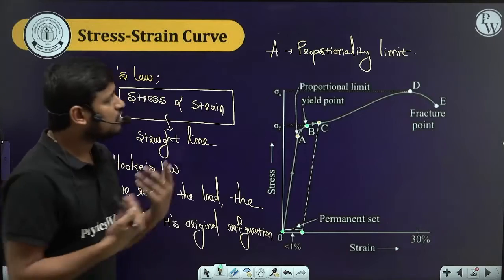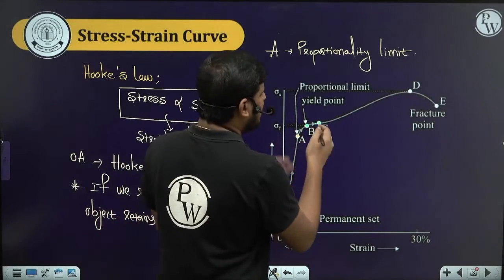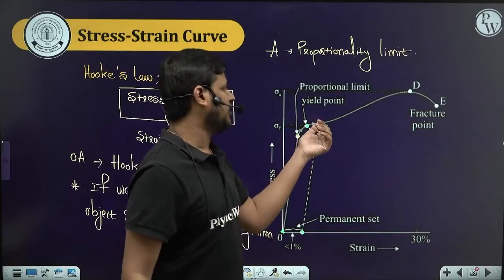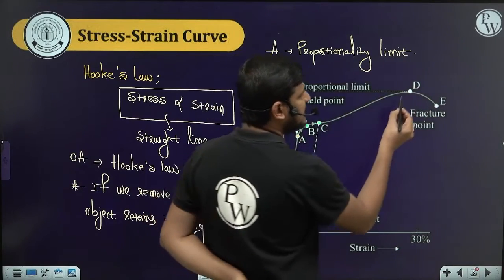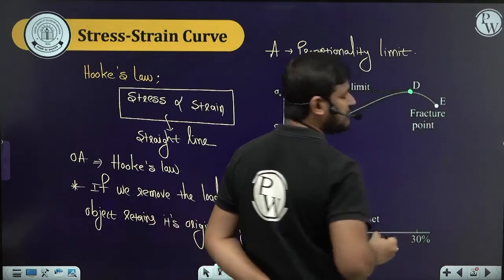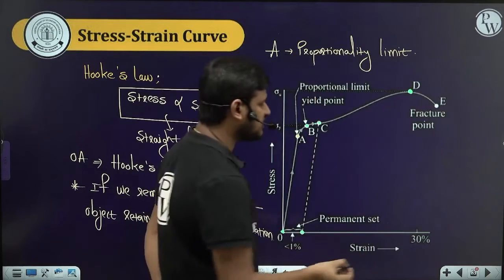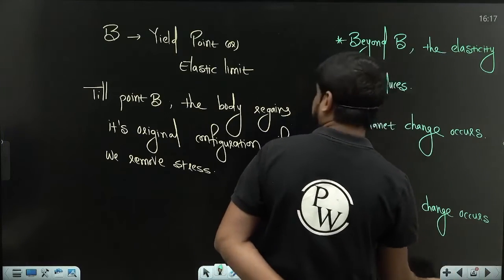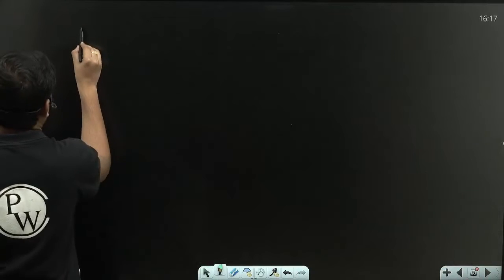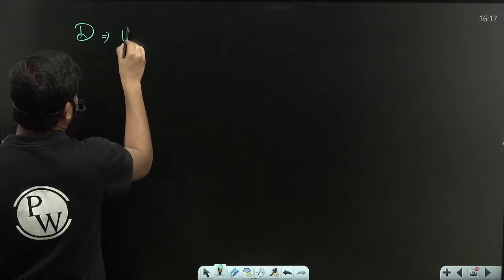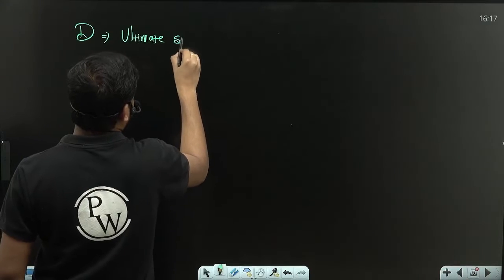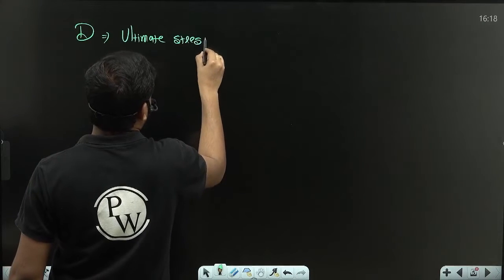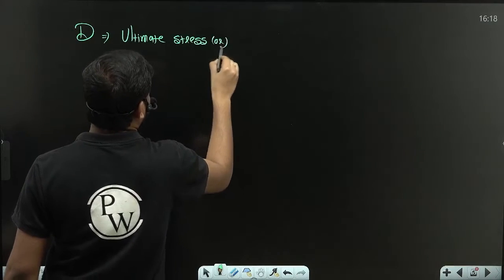Okay. So now you apply the load beyond C as well on the body. If you apply the load beyond C as well, this point D is the maximum tensile stress. That point D is the ultimate stress, which we also call the breaking stress.